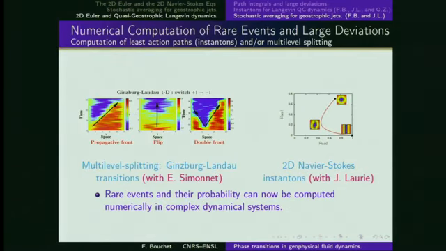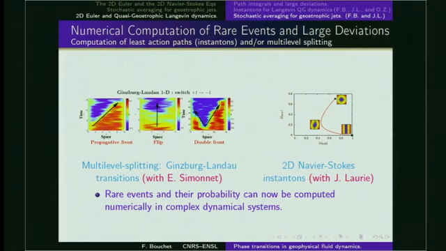And another type of project we have is to do numerical computation for these rare events. So we can do it through instantons or through least action, through minimization of the action, as I was telling before. But we also do it through multi-level splitting algorithm.